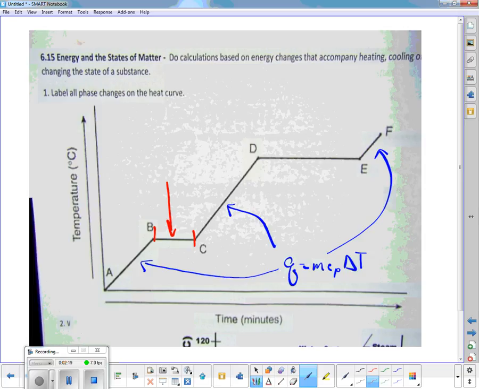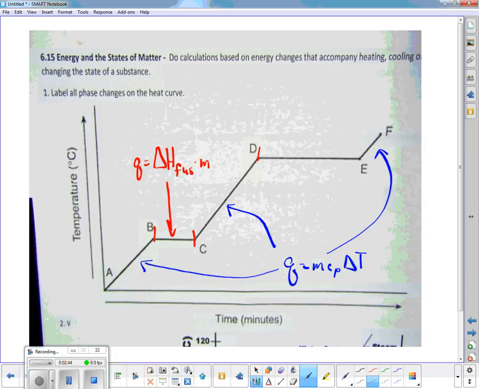So on this one, to get Q, you're going to have to use delta H of fusion times the mass or times the moles. You have to look at what delta H is given to you in. If it's given to you in kilojoules per mole, then you have to have the mass in moles. If it's given to you in joules per gram, you can use grams. So you have to just look at what you're given.